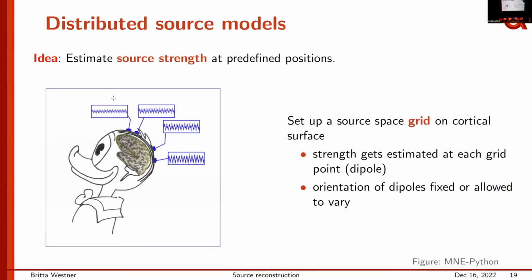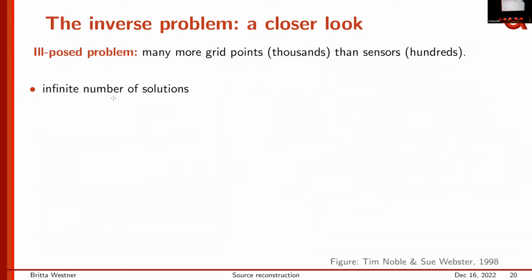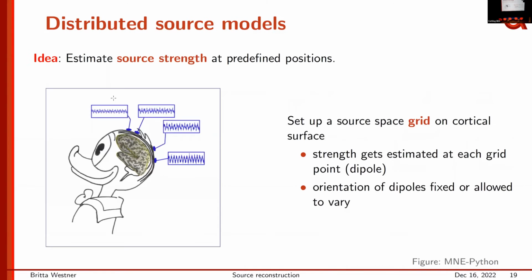So how does that look for Donald? We implanted our source grid into his brain. And then we would basically, given this activity, estimate all of those points.